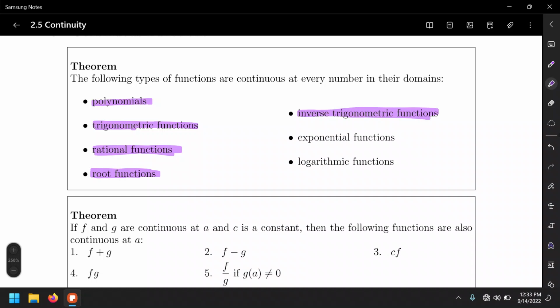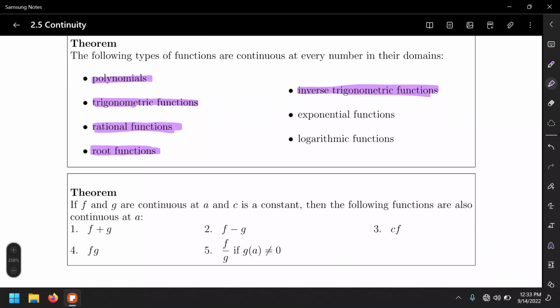On the other hand, the roots having odd indices, those are defined for all real numbers. Exponential functions really don't have any restrictions at all, plugging in your favorite value. But logarithmic functions, well, the basic one like ln or log x, it's not defined for 0 and it's not defined for negative values, so only positive values.